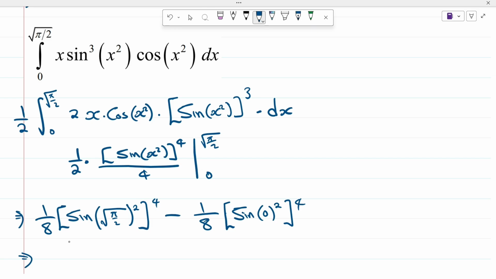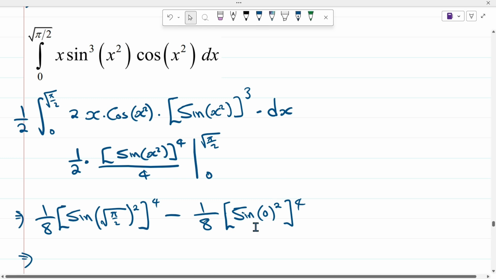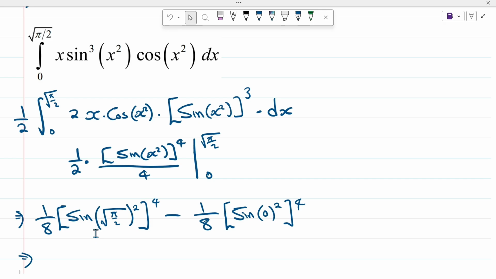My mind sometimes gets lost. We then need to just punch in our calculator. Sine of 0 is 0, so this whole second part is going to be 0. So we only need 1 over 8 multiplied by sine of pi over 2, to the power of 4.